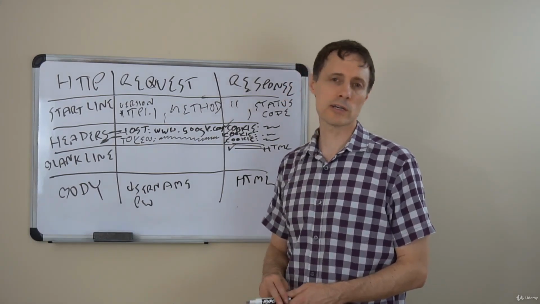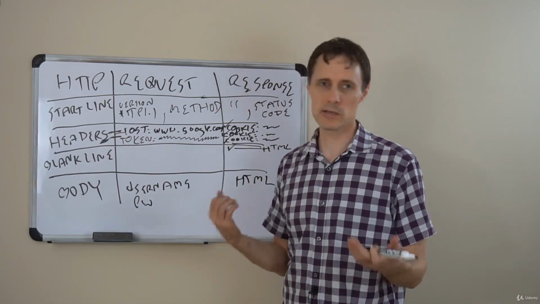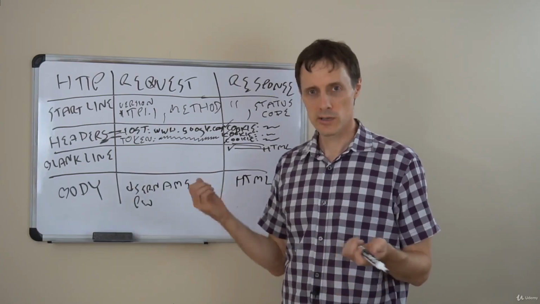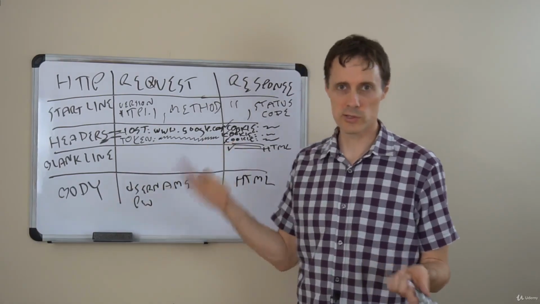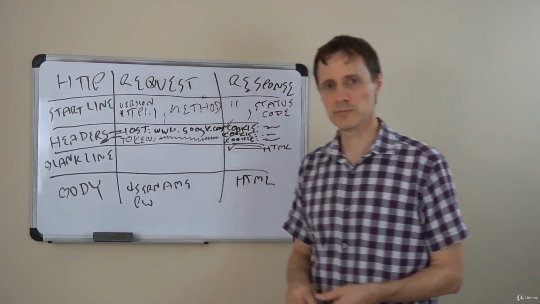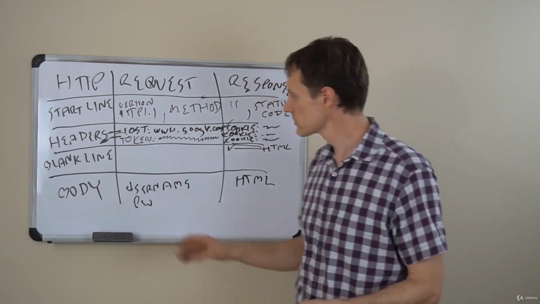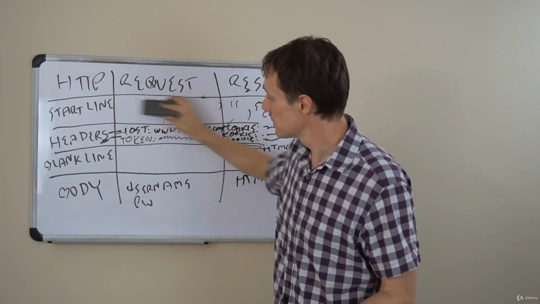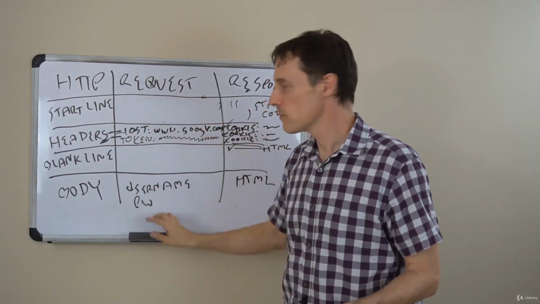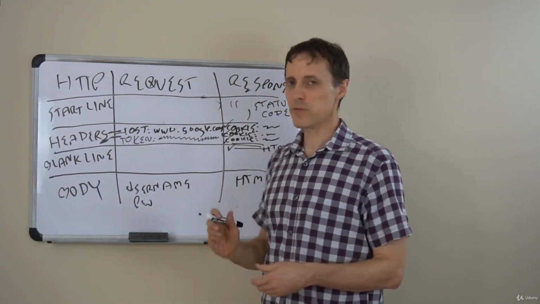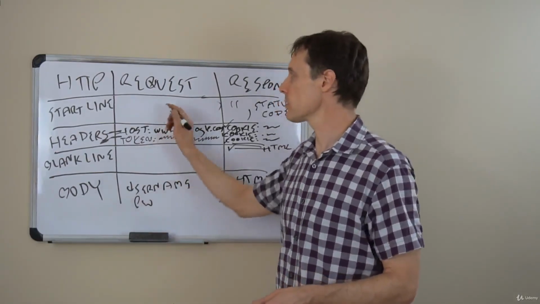One more thing, we talked about parameters. Remember, we talked about www.google.com/search?q=tuna. You remember that? Where does that go? Let me create some space here. Parameters and folders go in the start line.